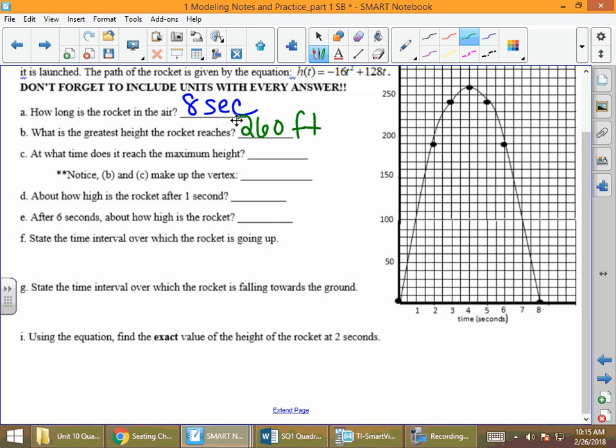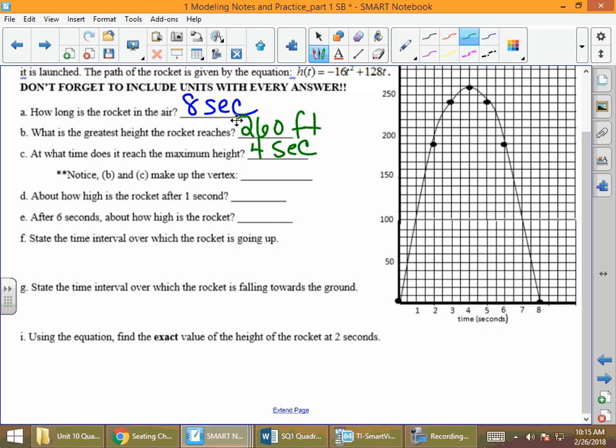And how long does it take us to get to that 260 feet? Well, the x-axis has our time down here, so as we follow our vertex point down to the x-axis, we see that it's 4 seconds.